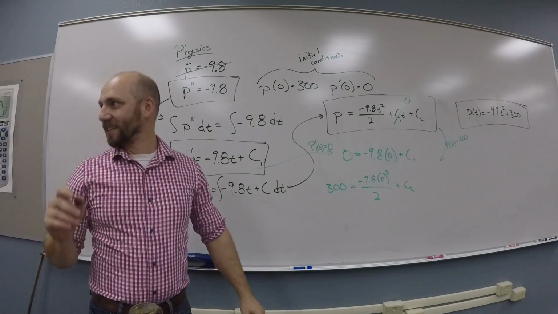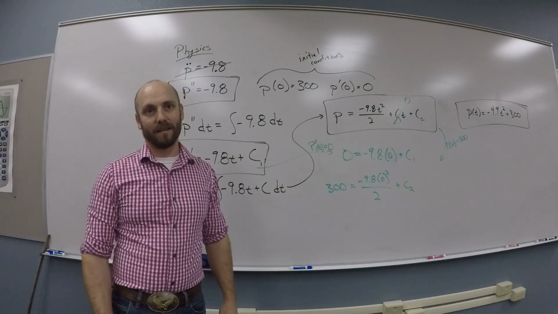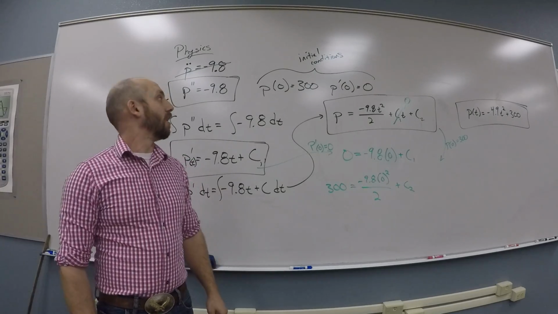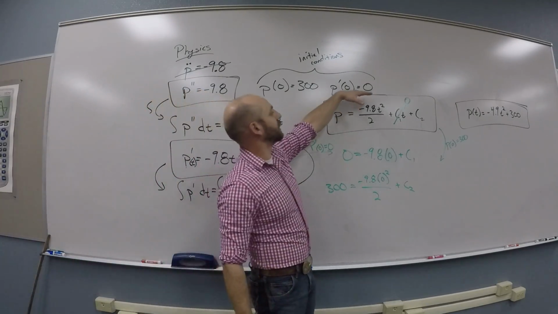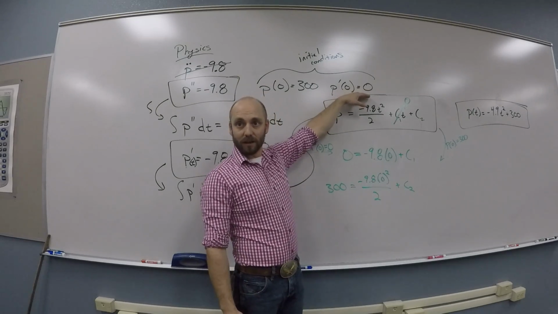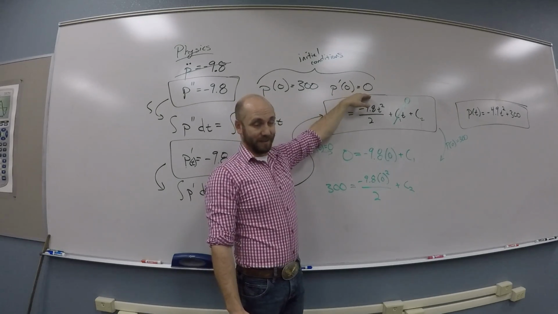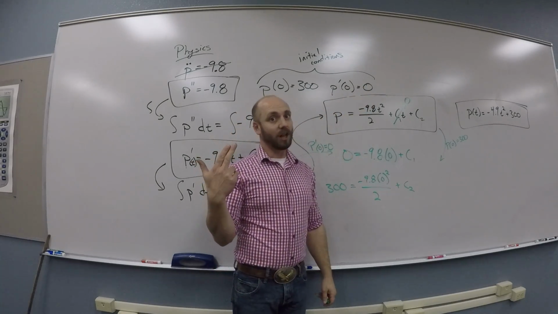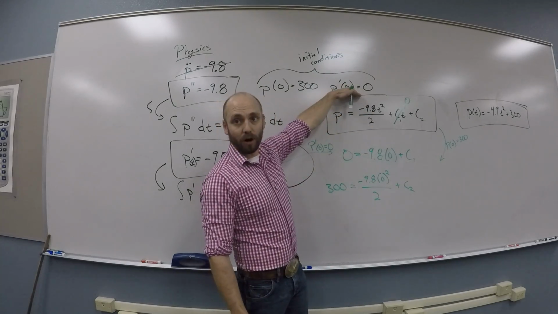Questions, things? You good with this? If you make P prime of 0 equal to a positive number, then that would imply it going up first. You're tossing up a little bit, right? So this is the initial velocity, in meters per second. So if you point a pistol upwards, it's gonna have an initial velocity upwards.